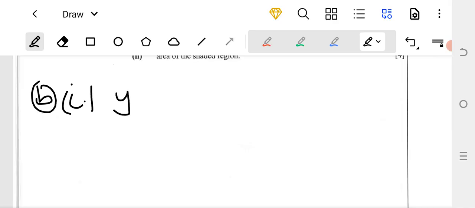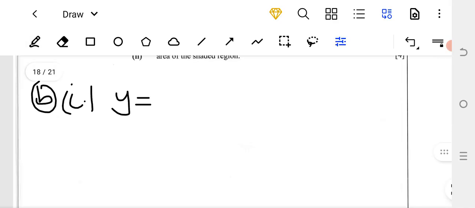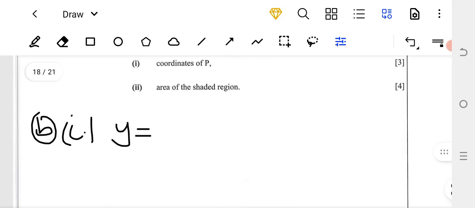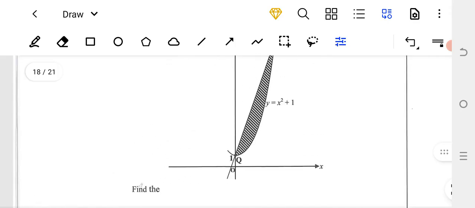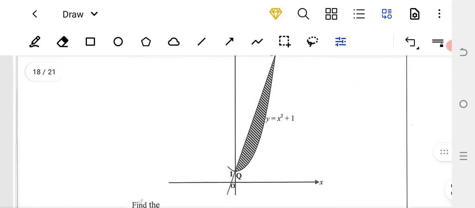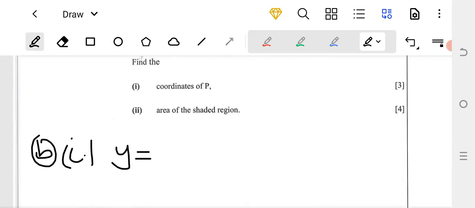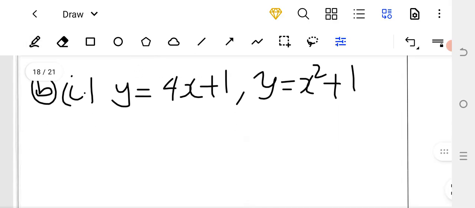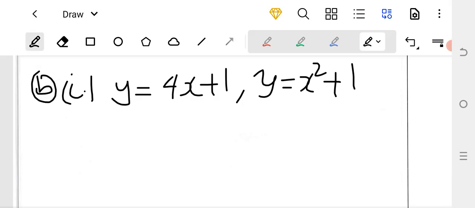So we have the first equation, y is equal to 4x plus a 1 and y is equal to x squared plus a 1. These are the two equations we have. So since both of them are y, we are going to equate them.